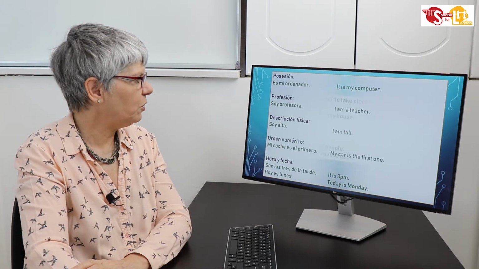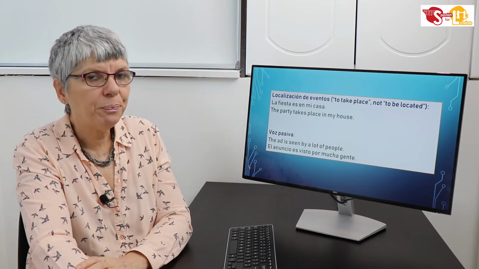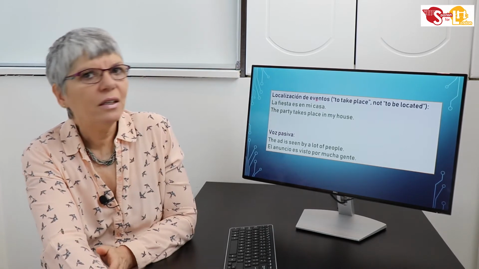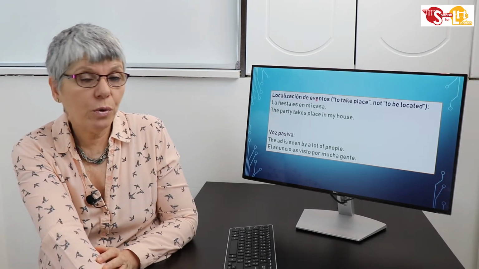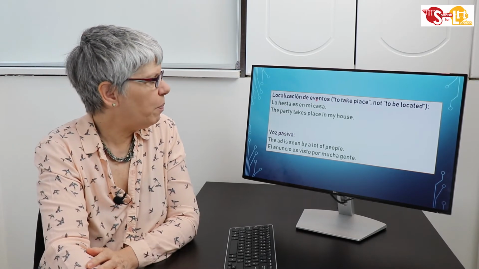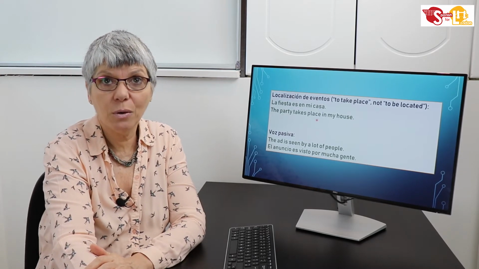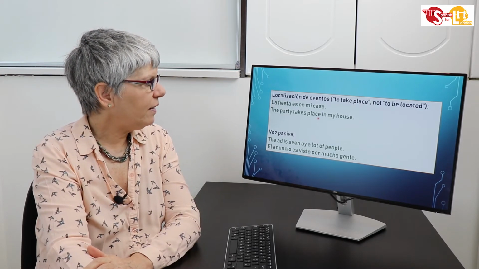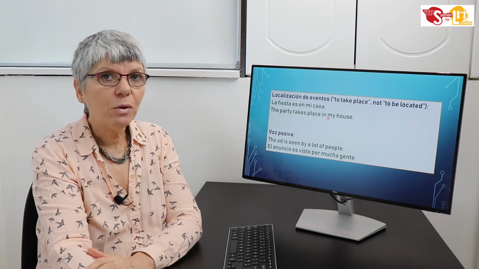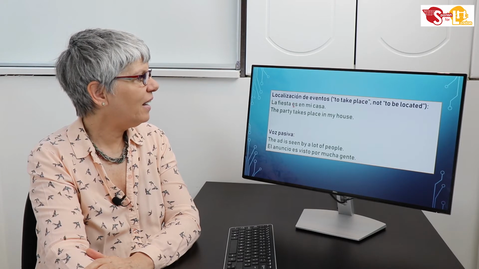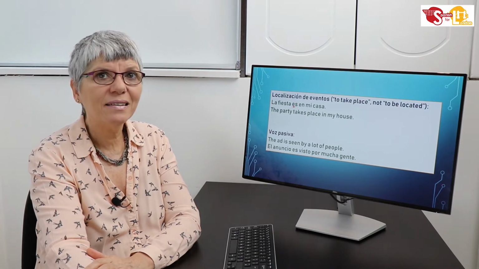So let's continue. Finally, when we want to locate an event, in English we use the form to take place. We say, for example, the party takes place in my house. Now, to say this in Spanish, frequently we use the verb ser and we say, la fiesta es en mi casa.